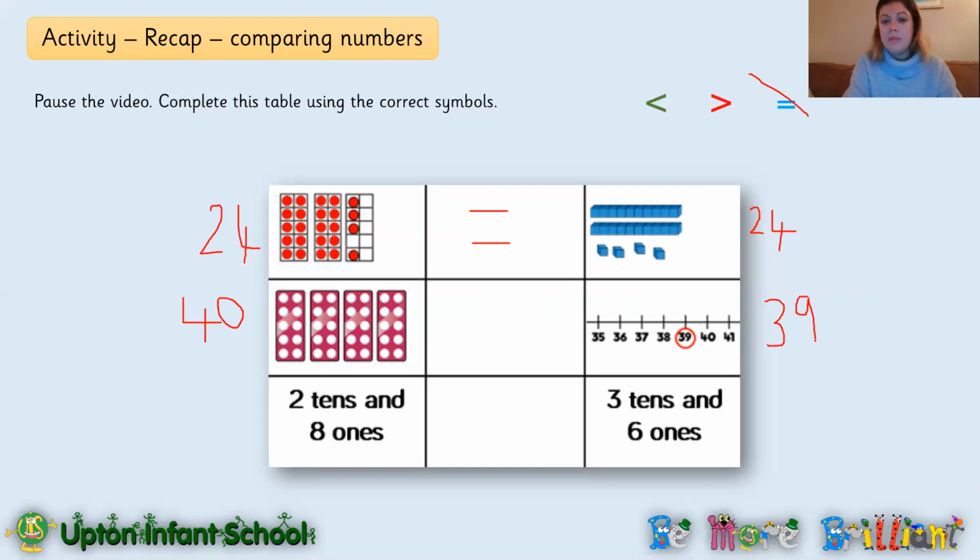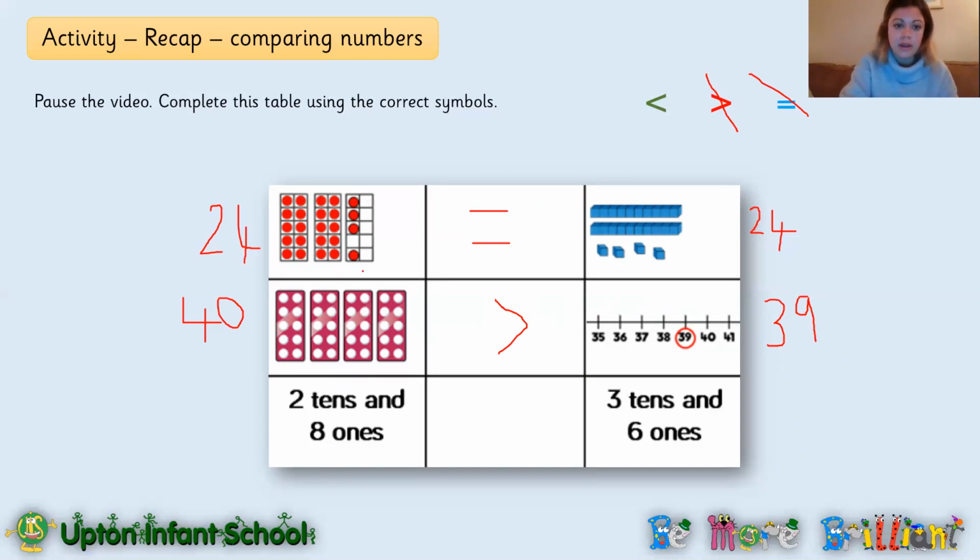So this number is a bit bigger, so I'm going to look at my 100 square, and I can see 40 comes after 39, so 40 must be more than 39. There we are. So I'm going to cross out my more than symbol. So that means my last question must be a less than symbol.